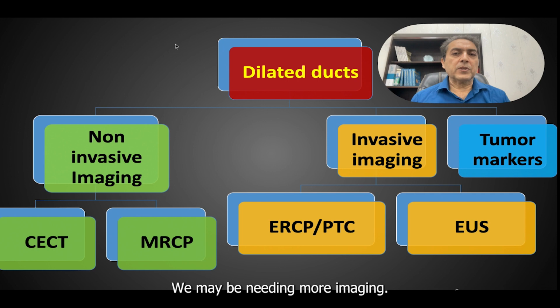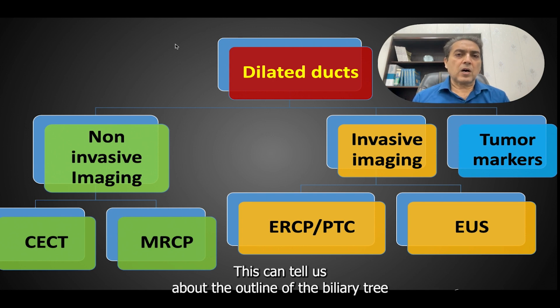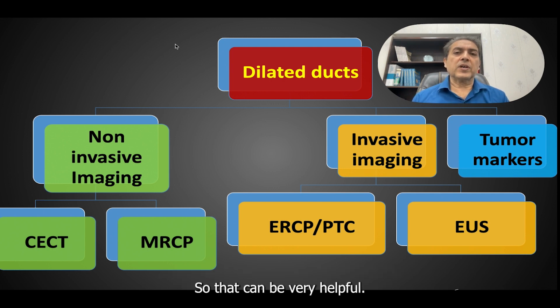We may need more imaging. The non-invasive imaging includes the CT scan and the MRCP. This can tell us about the outline of the biliary tree, and if there are any masses present inside or outside the bile duct. So that can be very helpful.